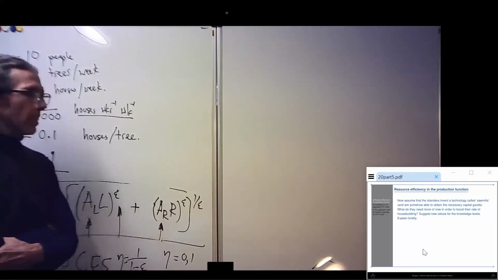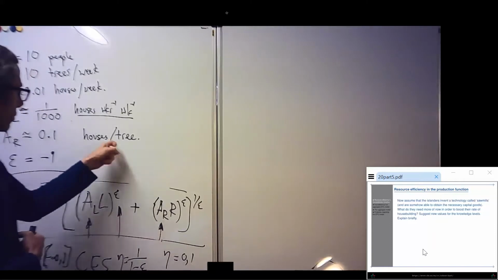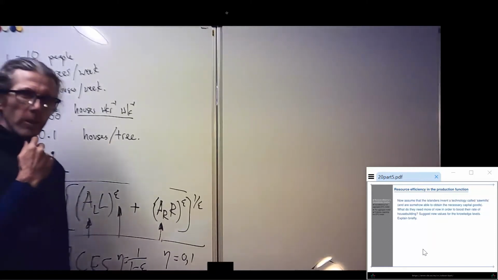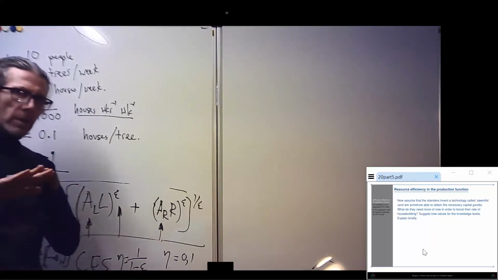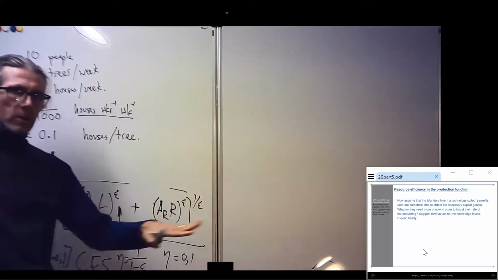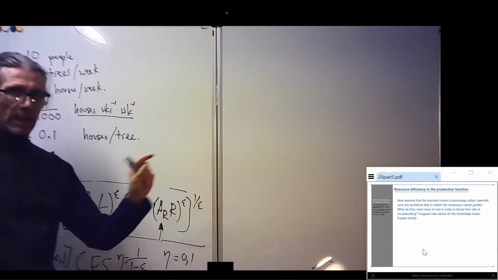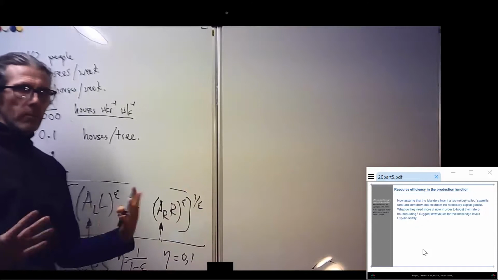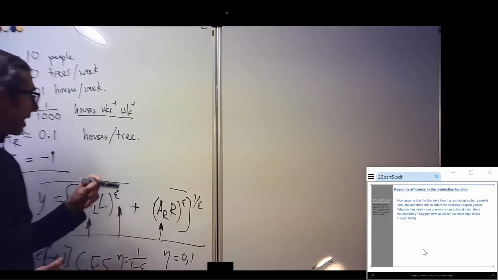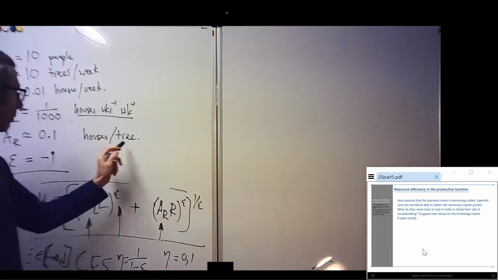Well, AR, houses per tree, why would that be affected? It might be affected if the sawmill can make better use of the trees, make nicer planks, get more planks per tree, that will convert into more houses per tree. And that would mean AR going up.